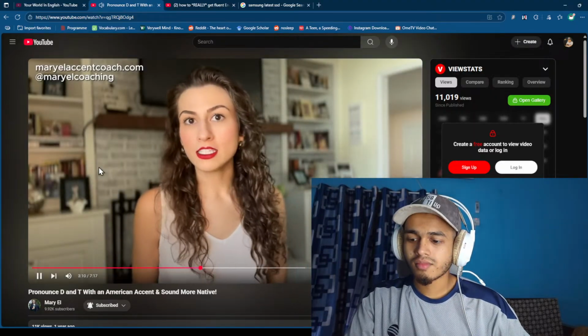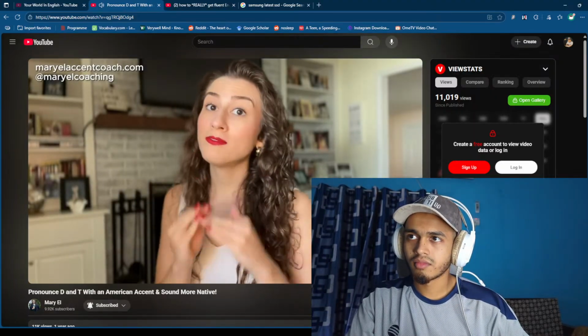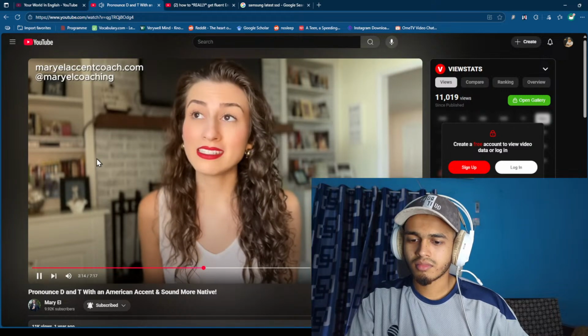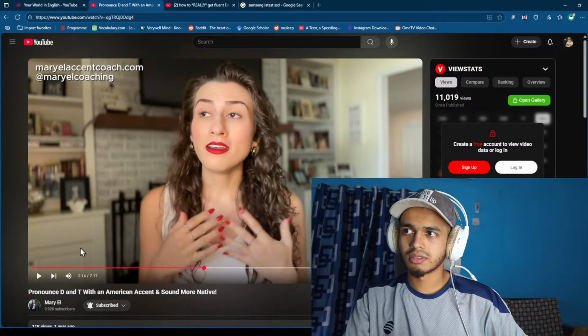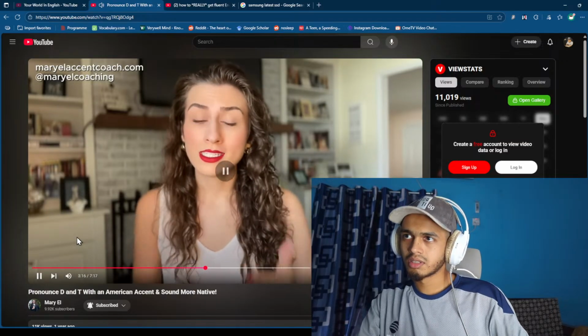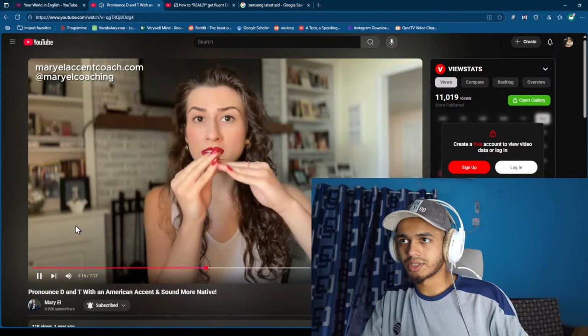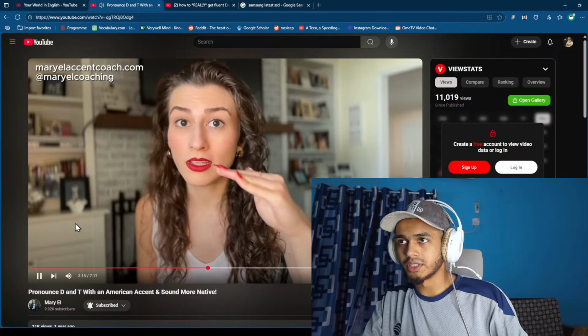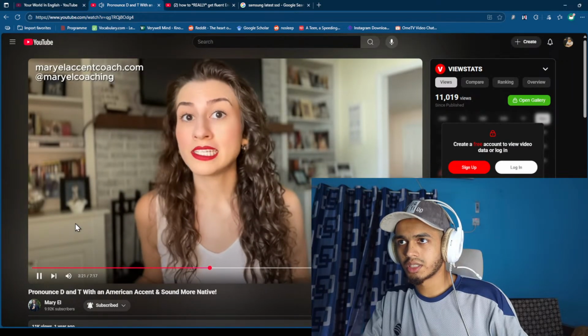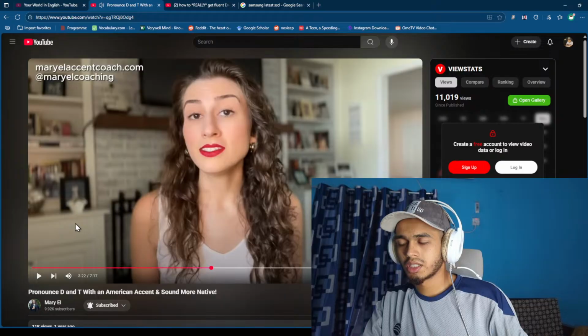Now, that part about the sharp and pointy tongue tip is very, very important, because in a lot of other languages, the tongue tip is very sharp and pointy in general, because it's used a lot more for articulation of consonants.